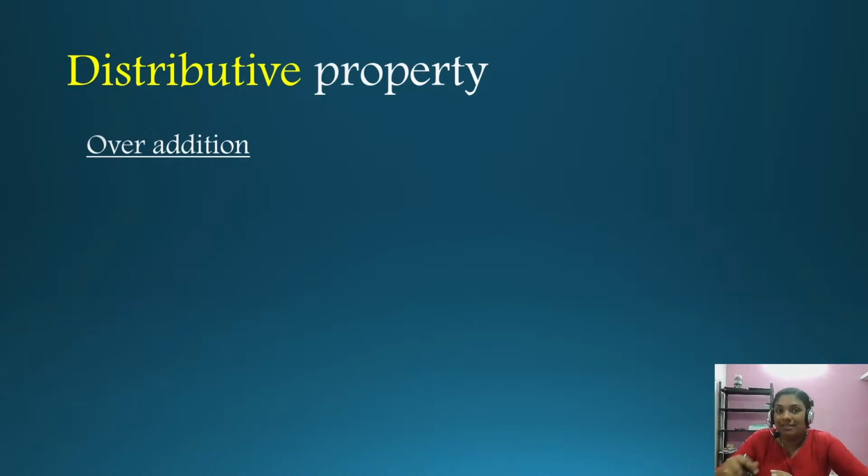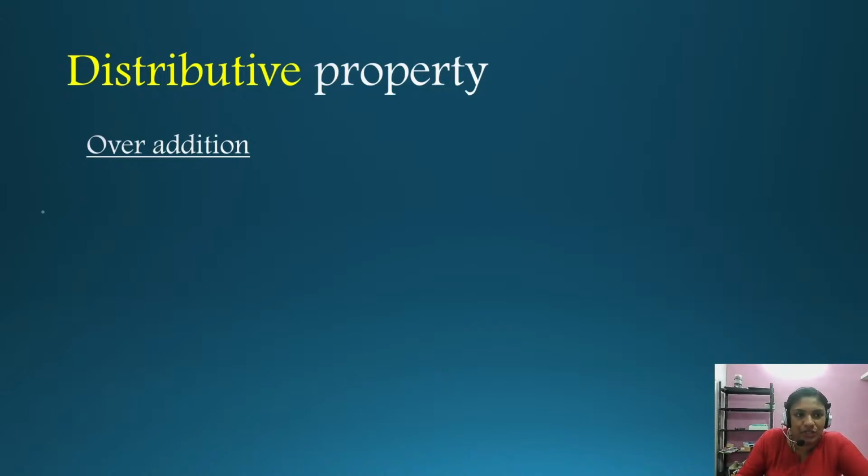No, we have covered some of the properties. Now comes distributive property. Distributive properties are of two types: distributive property over addition and distributive property over multiplication. So let's see the first one.